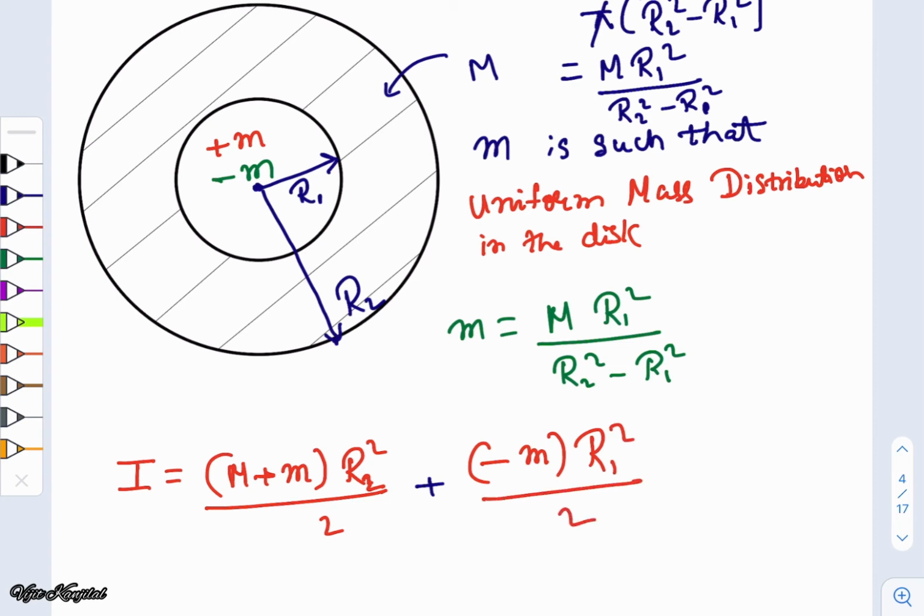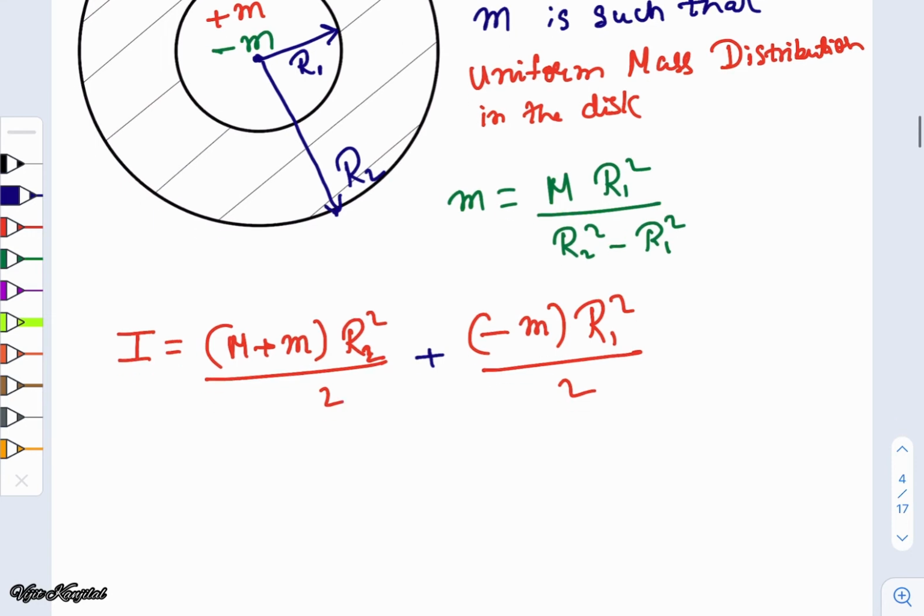Note that because of the mass minus m, we are writing the contribution of minus m towards its moment of inertia as minus m r1 square by 2. There is a great significance of the negative term used here.